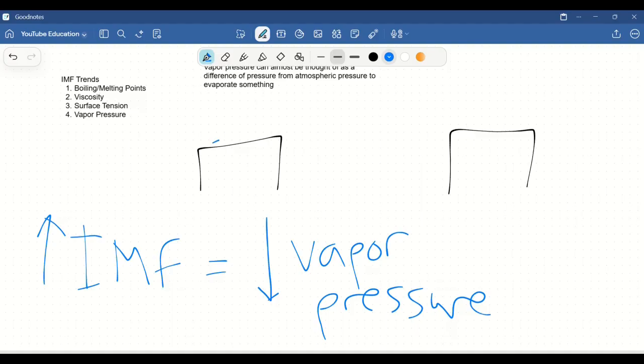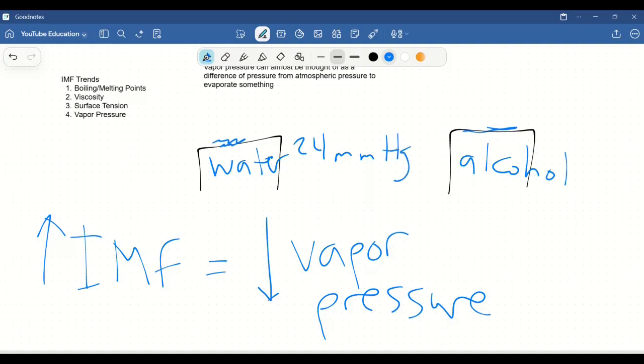One of them, you spill some water. The other, you spill some rubbing alcohol. The vapor pressure of water is lower than that of alcohol. Let's just say the vapor pressure of water is like 24 millimeters of mercury. And let's just pretend alcohol is like 100.